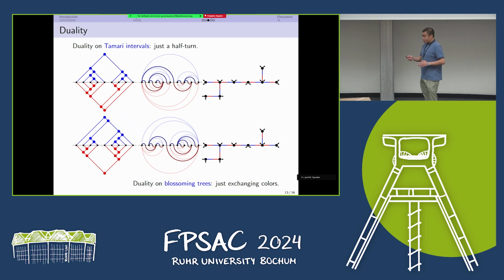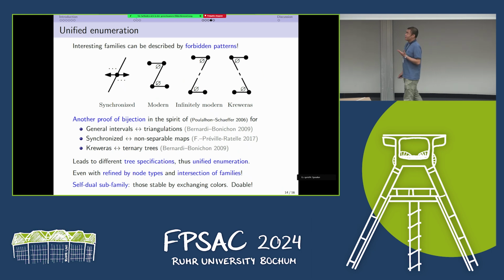And more than that, all the interesting families we talked about can be described by forbidden patterns in the blossoming tree. So for synchronized intervals, it's just a node with edges on both sides of its buds. And for modern intervals, it's the presence of an edge such that on each of the extremities, if we turn in clockwise order, we'll always encounter an edge instead of a bud.